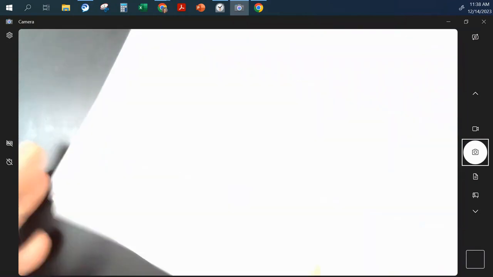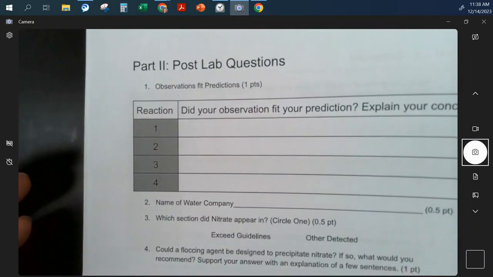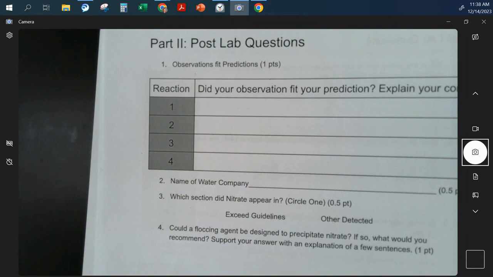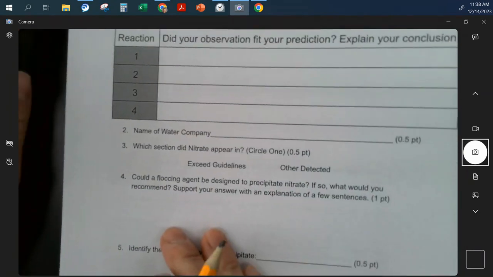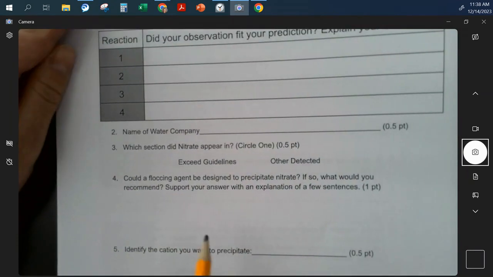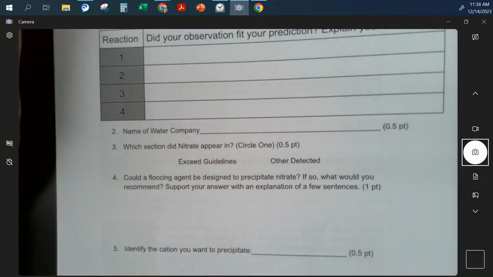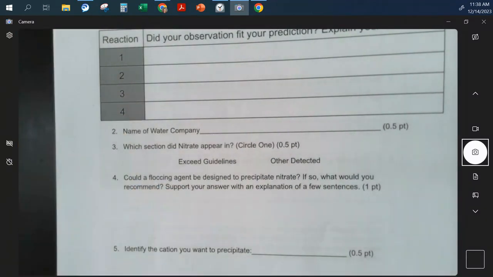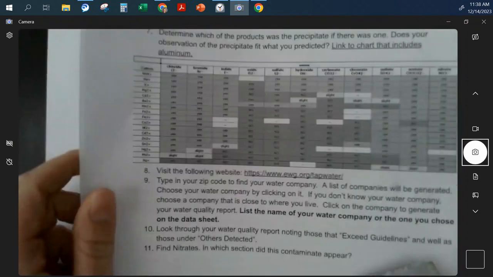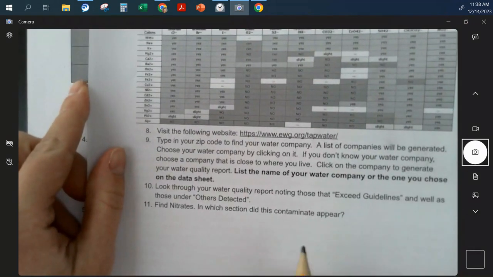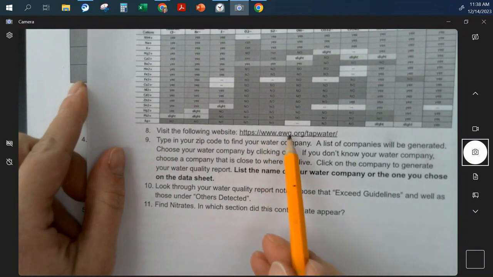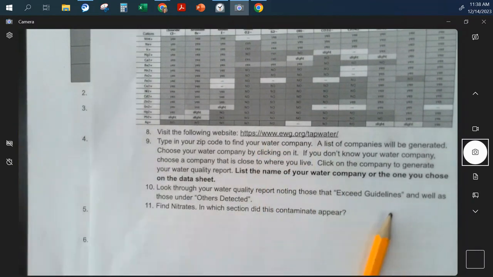On the very back page of the data sheet are the post-lab questions. This is something that you are going to have to look up. Does it say that in the instructions? I can't remember. Okay, yes. In the instructions, after this table, there's a website.